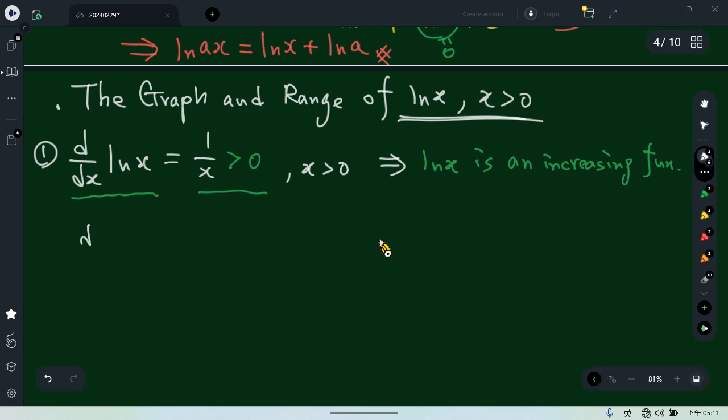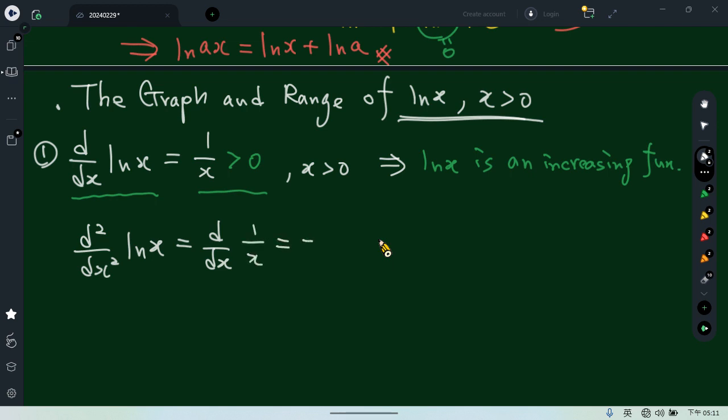Then we continue to differentiate it. The result will be minus 1 over x squared. Because this part is positive, positive over positive, and I have a negative sign here, the result will be negative, right?